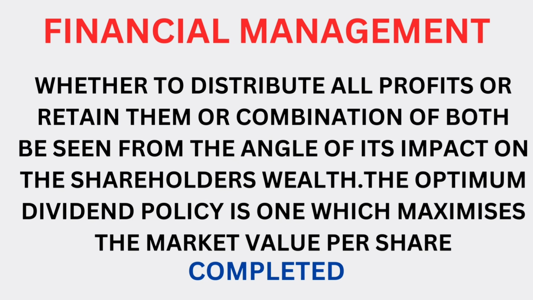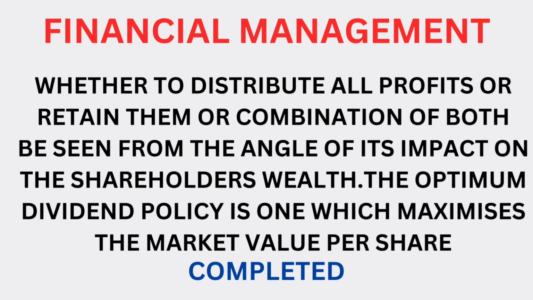This decision is to be taken by the financial manager very carefully. Whether to distribute all the profits or retain them, or a combination of both, should be seen from the angle of its impact on the shareholders' wealth. The optimum dividend policy is one which maximizes the market value of the share.